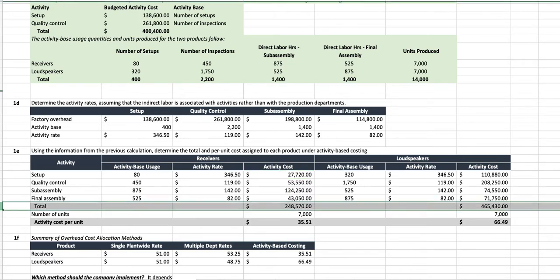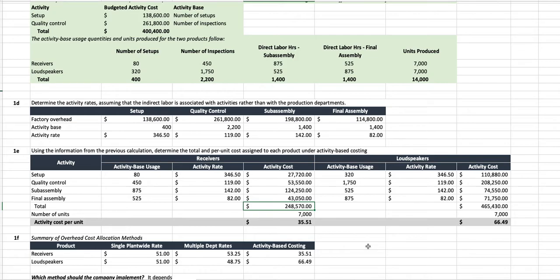I'm going to do that for all of my activities, and then I'm going to sum it at the bottom. And we can see that we spent almost $250,000 on overhead cost for receivers. If we look over at loudspeakers, we spent almost $500,000 on overhead costs for the loudspeakers.